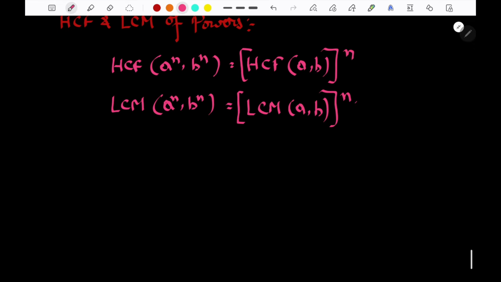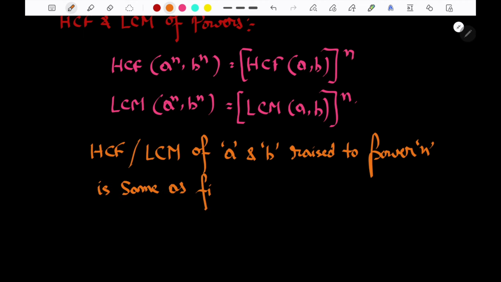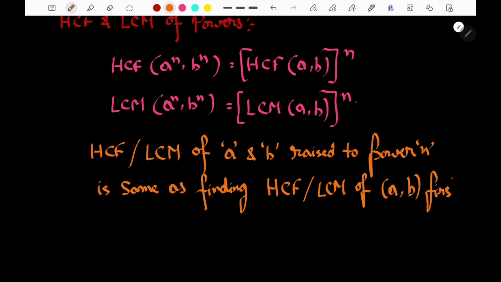Now, what does it mean overall? It means HCF or LCM of a and b raised to power n is the same as finding HCF or LCM of a and b first and then raising it to power n.